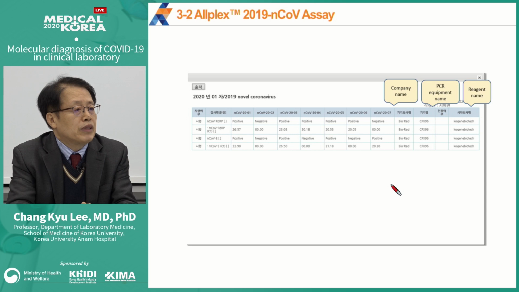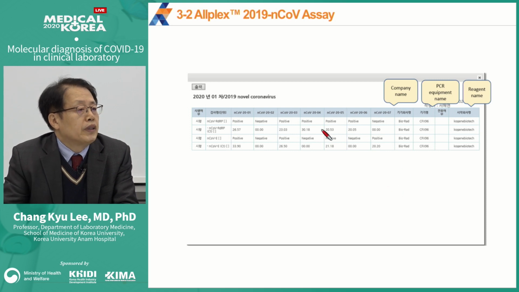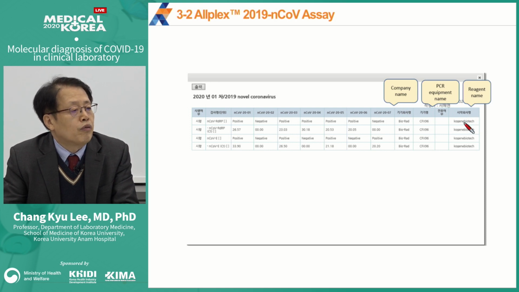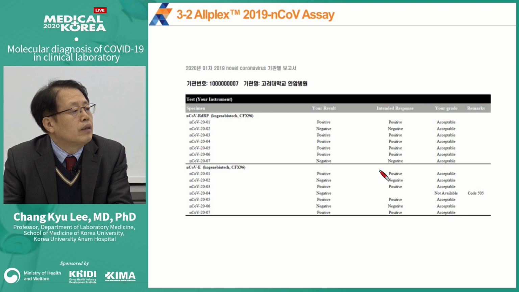They sent 7 samples, positive and negative samples. If the result is positive, CT value is also required. PCR equipment name, company name, reagent name is also written down. They gave these results acceptable, and this whole process took just 5 days in our country.